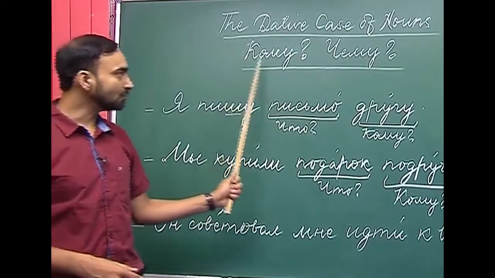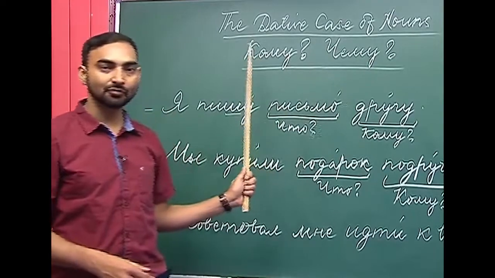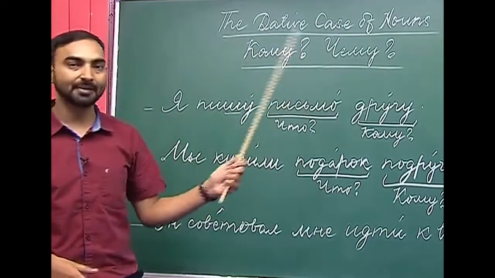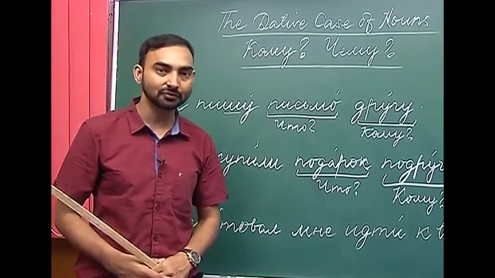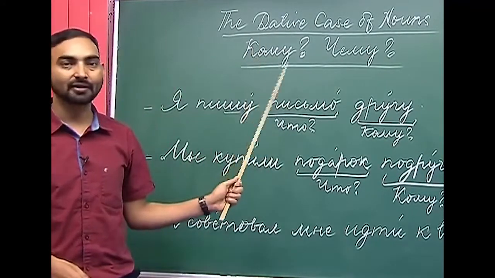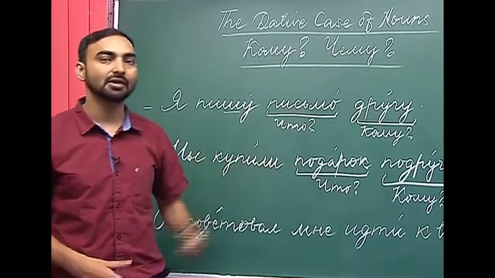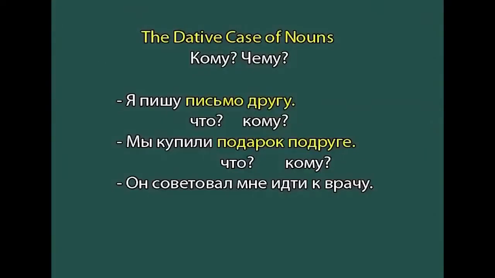So, kamu and chimu. Kamu represents animate nouns and chimu inanimate nouns. So, if the question is kamu, then the answer would be animate nouns in the dative case, and if the question is chimu, the answer would be inanimate nouns in the dative case.